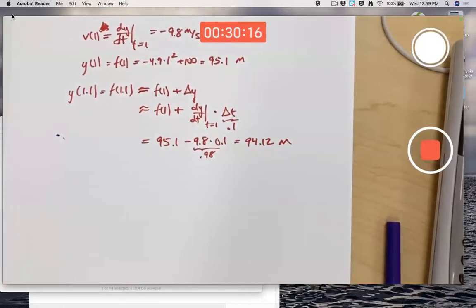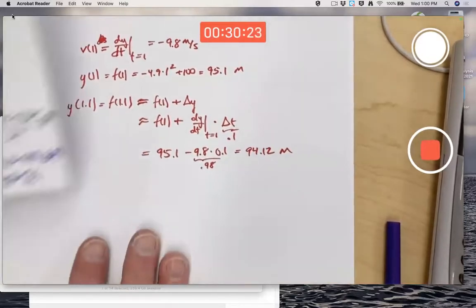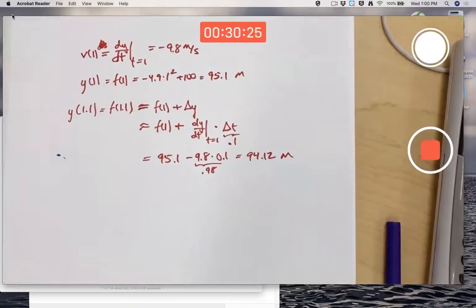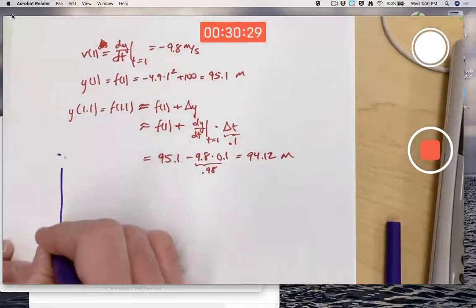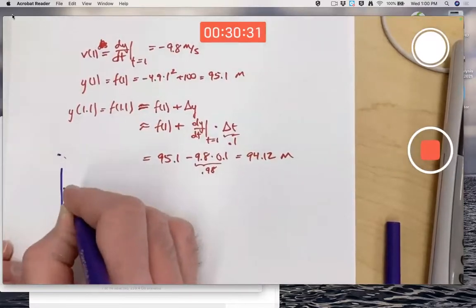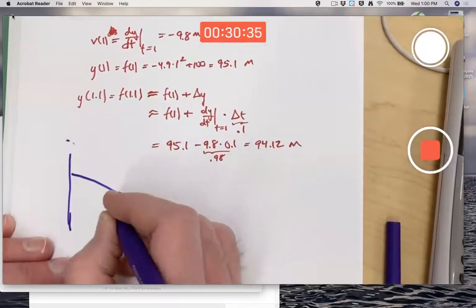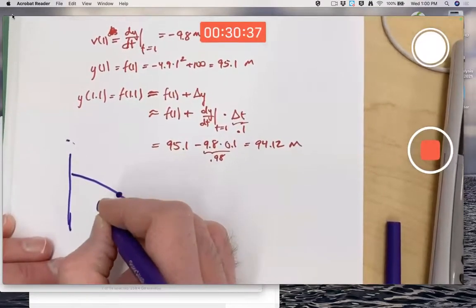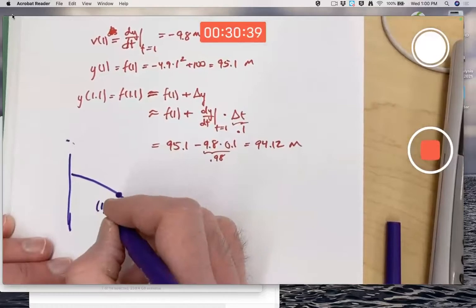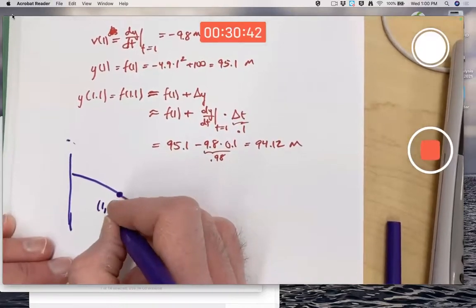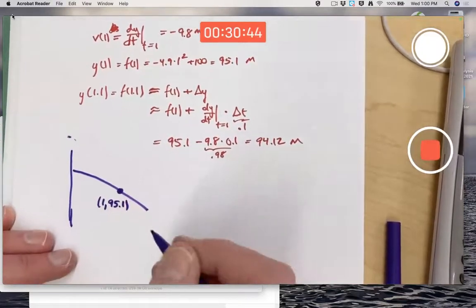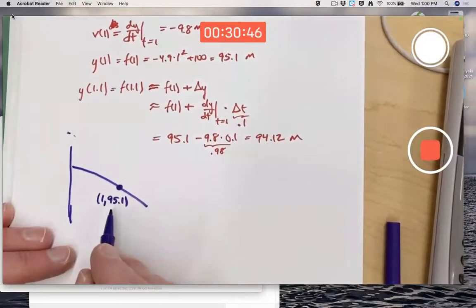That would be your approximation using the derivative as a rate of change for the height at time 1.1. Is it exactly right? No, it's not. It's a tangent line approximation. If I zoomed in on the previous graph, near time 1, make it bigger here. Here's time 1. This point has coordinates 1, 95.1. Time is 1, the height is 95.1.